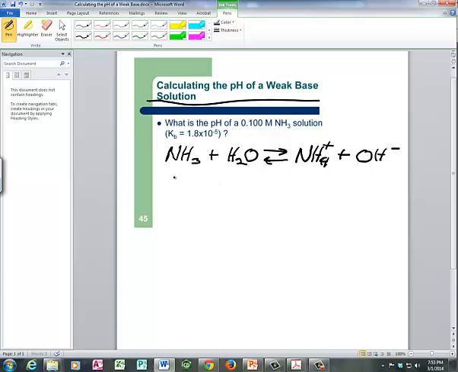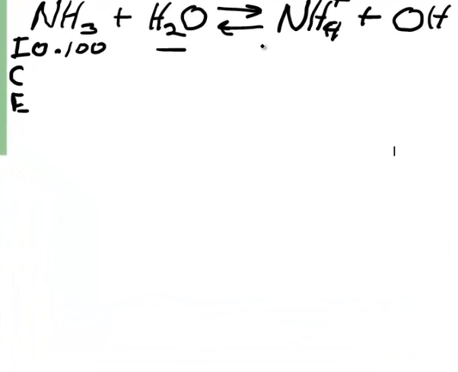We'll use the same technology, the ICE table, that we used for weak acid calculations, only in this case we're going to solve for the concentration of hydroxide rather than the concentration of the hydronium or hydrogen ion. In our problem, we have a 0.100 concentration of ammonia. We don't particularly care about the concentration of water because it's always constant at approximately 55 molar.